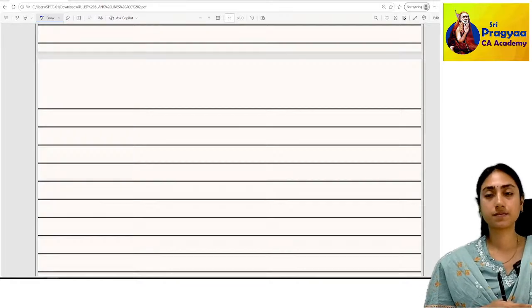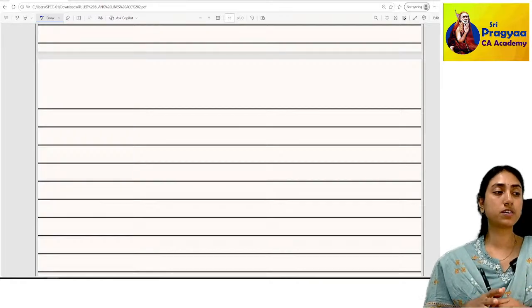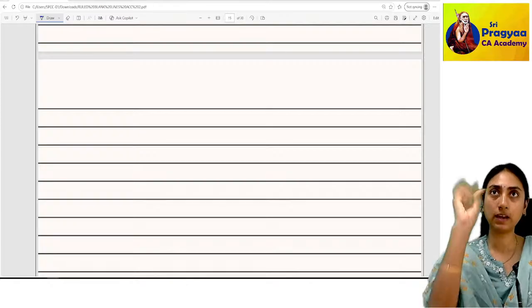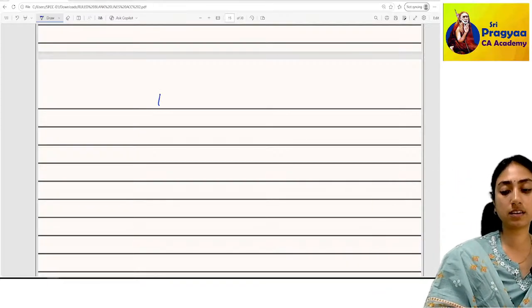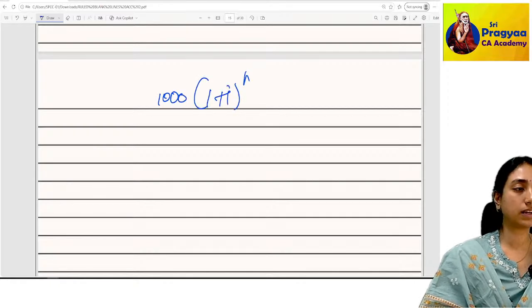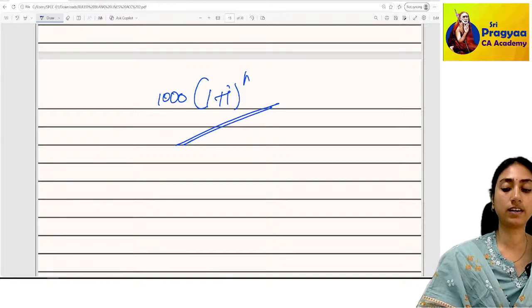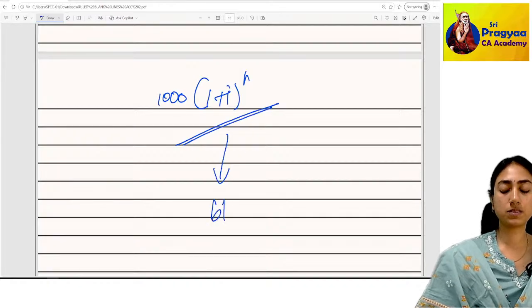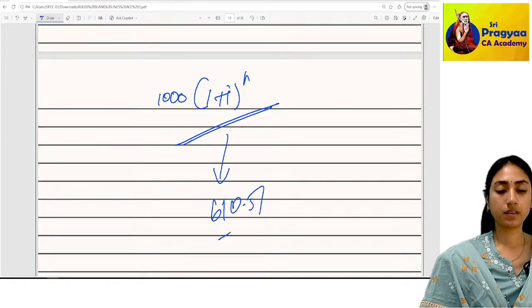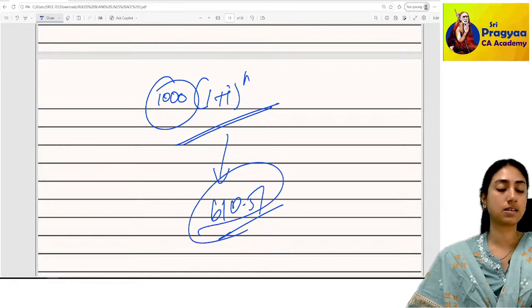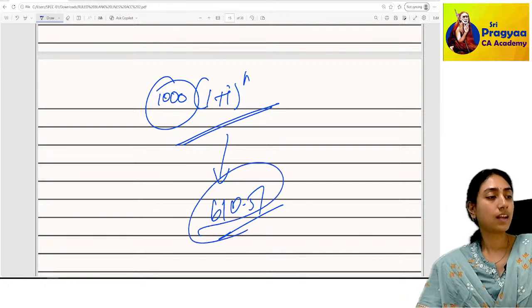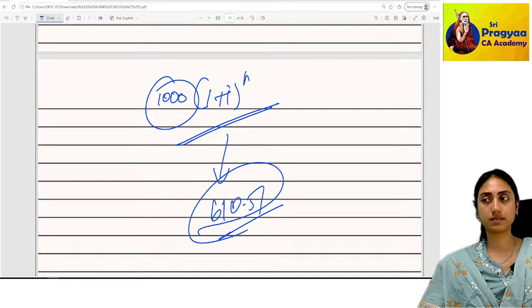Effective rate of interest is simply what I apply on my principal to get the interest value, instead of doing 1000 into (1 plus i by n) to the power. This is how you calculated the 16.51 to begin with. But when I apply an interest rate on my 1000, I will directly get this amount. That is the effective rate of interest.